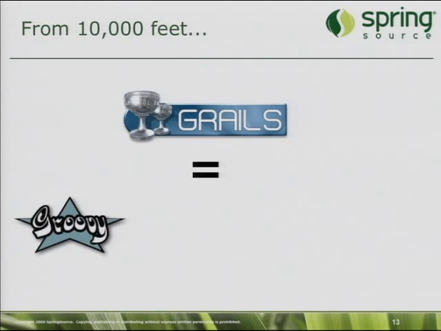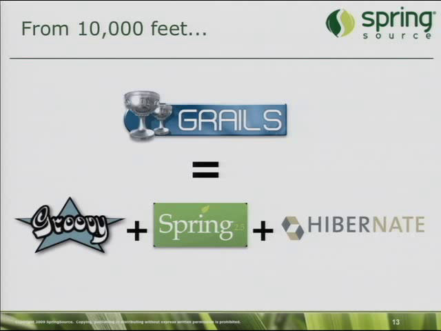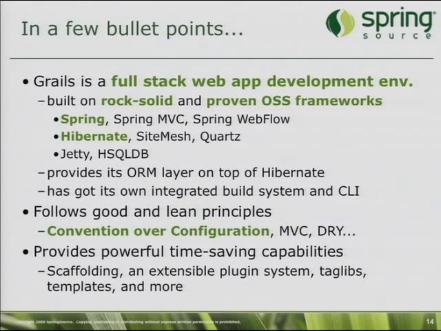Grails is Groovy for writing everything like controllers, domain classes, etc. It's also Spring, since everything is based on top of Spring, and outside of App Engine you usually use Hibernate for the persistence. So it's a mix of these things, built on top of really rock solid and proven open source bricks.